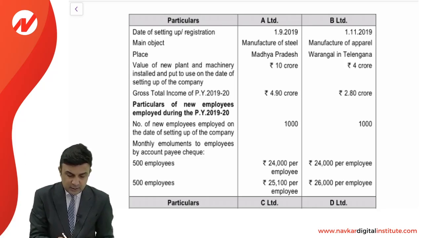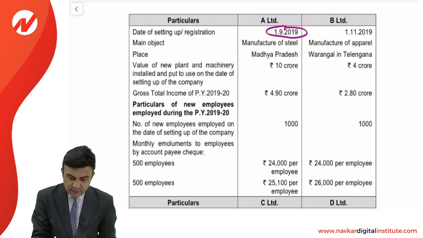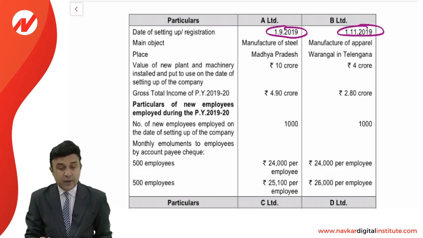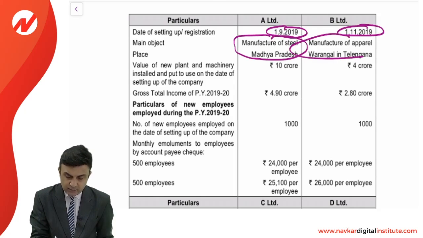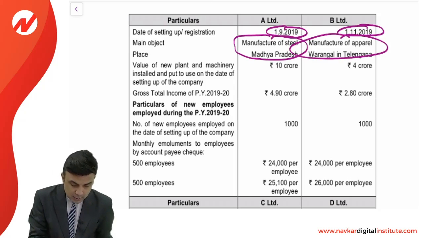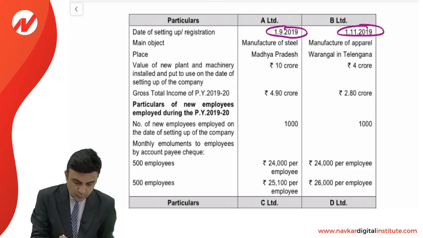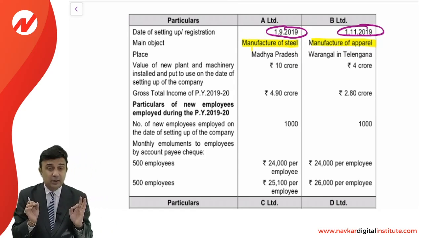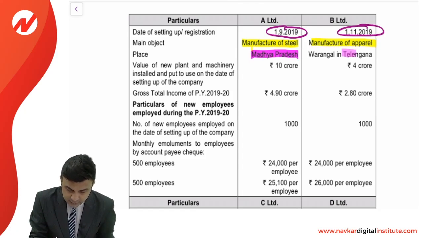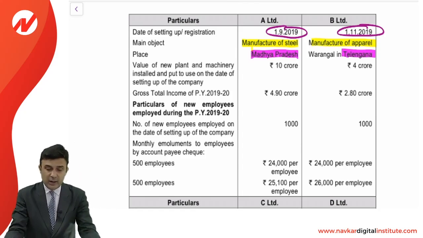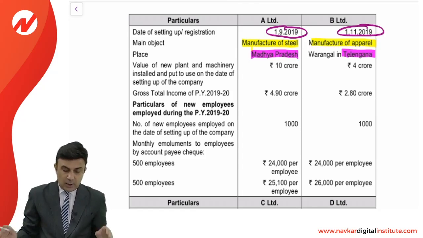A Limited is setting up the business on 1/9/2019, and B Limited on 1/11/2019. Both are into manufacturing business. But remember, here it is manufacturing of apparel. Here it is in Madhya Pradesh, here it is in Warangal in Telangana.